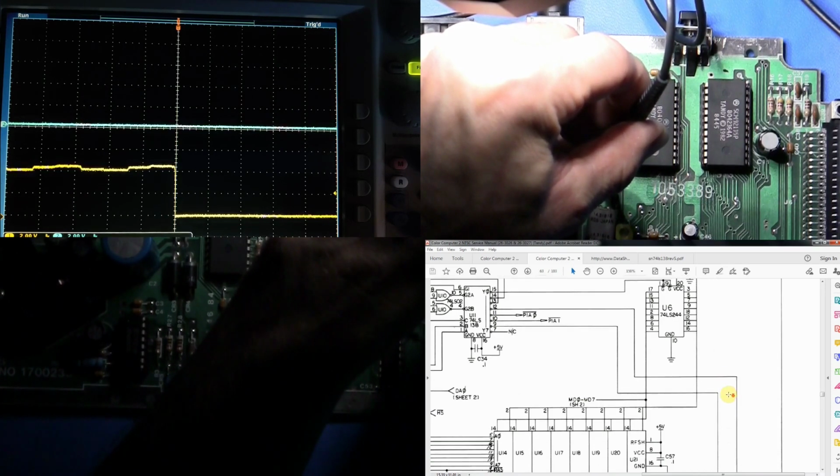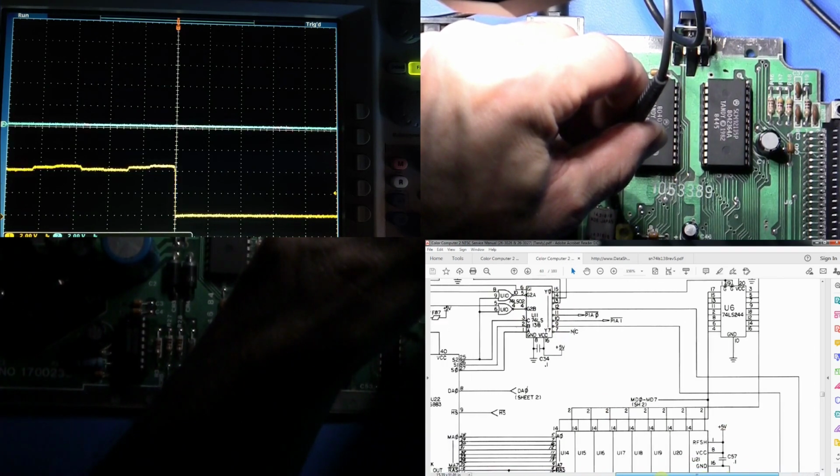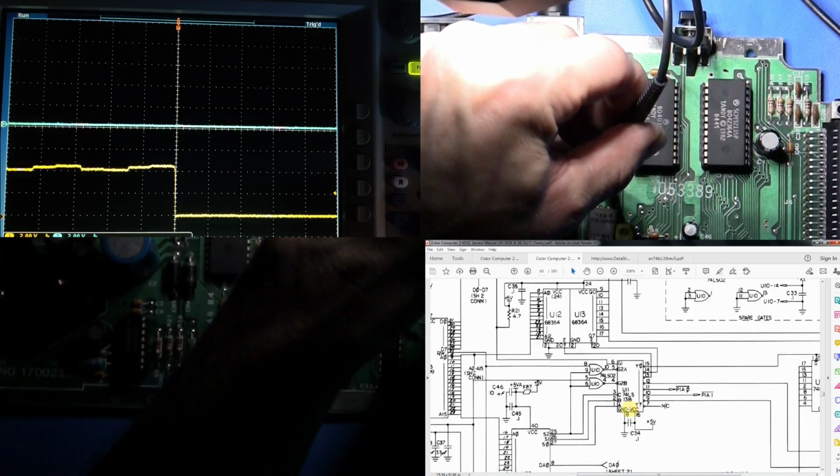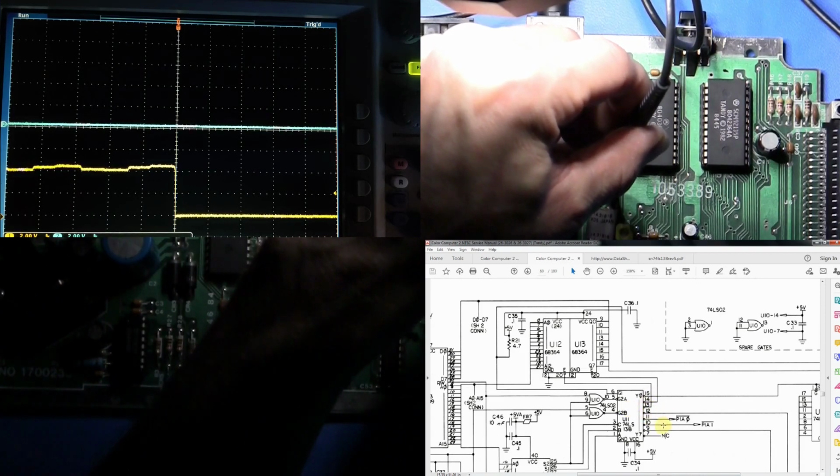Okay, so the 138 is basically working. I was sort of suspicious of it. I thought maybe, and it still could have a glitchy output where it's not selecting the chips as it should.